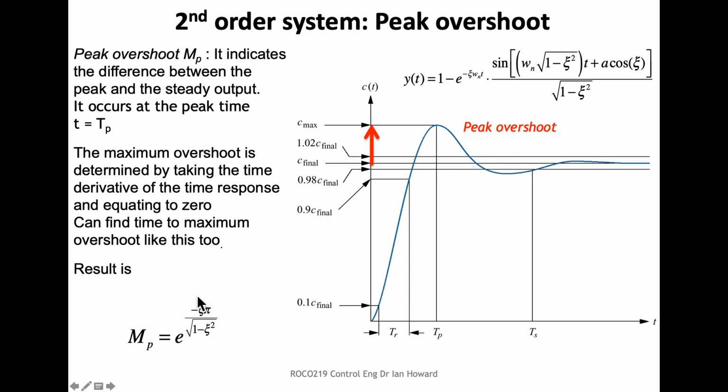So the scaling factor is given by this expression here. Okay, and that's very important. But again, you would not be expected to remember these things. It's just so that you can calculate them. You'd be given them as formulas. So in order to get this overshoot, you've got to put in what the time is here, and the time is the peak time. So you put the peak time into this expression, and you end up with what the peak overshoot is.